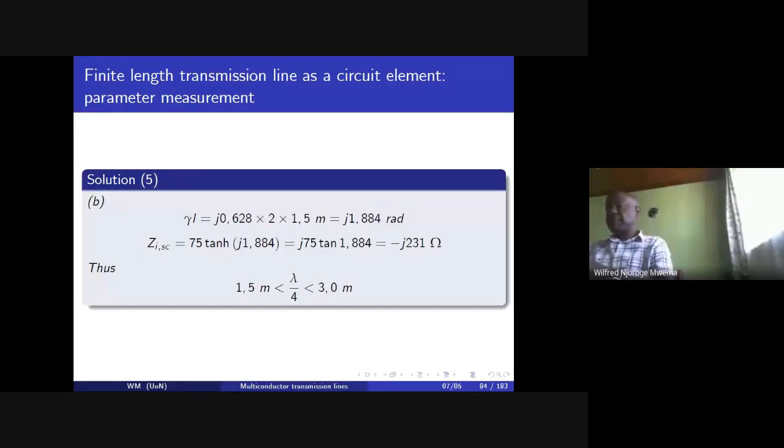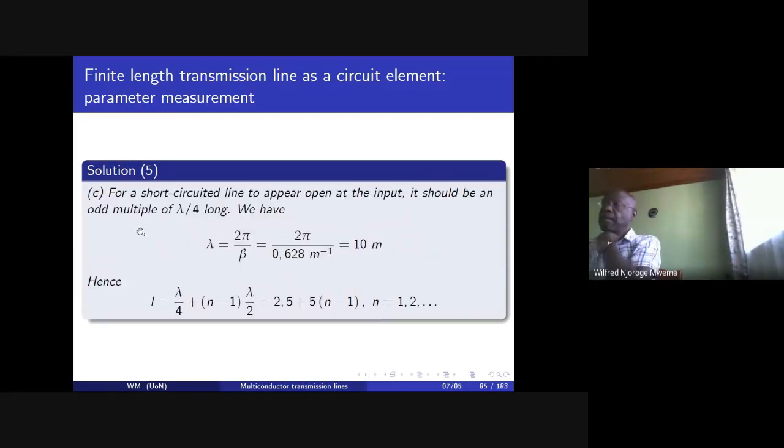And therefore, we can see that 1.5 meters, we were told, is less than lambda by 4, and that is going to be smaller than twice the value, that is the 3 meters, so to speak.